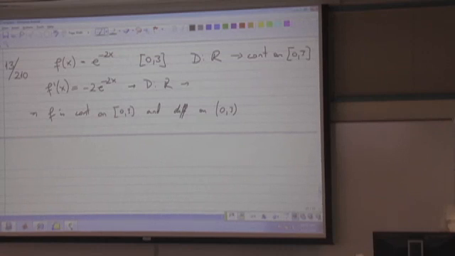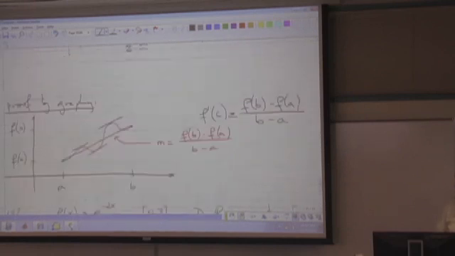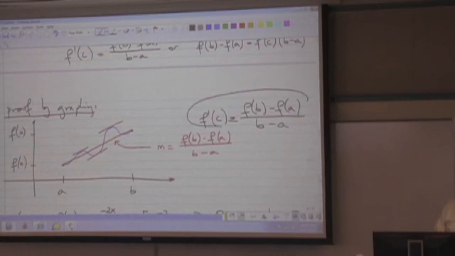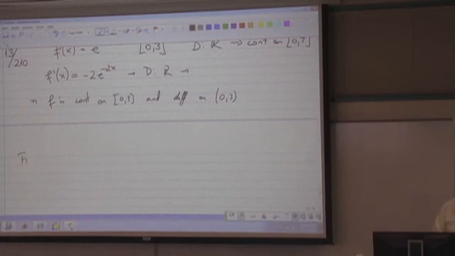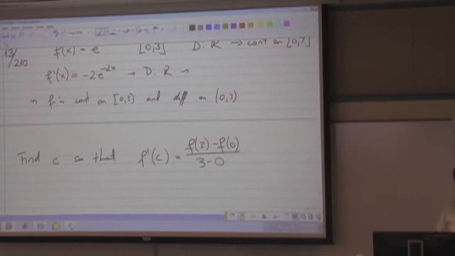So what's next? What are we actually trying to satisfy? We're trying to satisfy this. What we're trying to find is c so that f prime of c is equal to f of 3 minus f of 0 divided by 3 minus 0. Is that making sense?